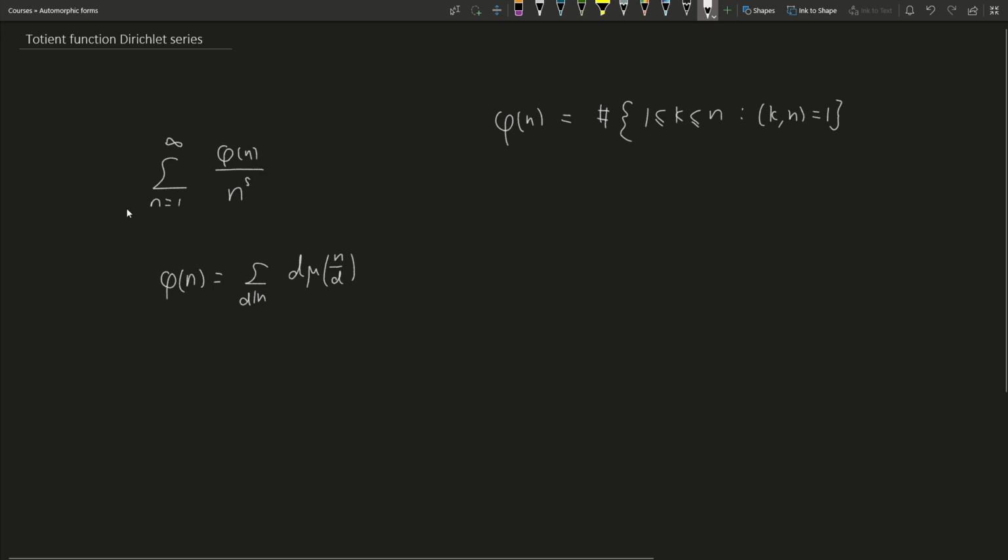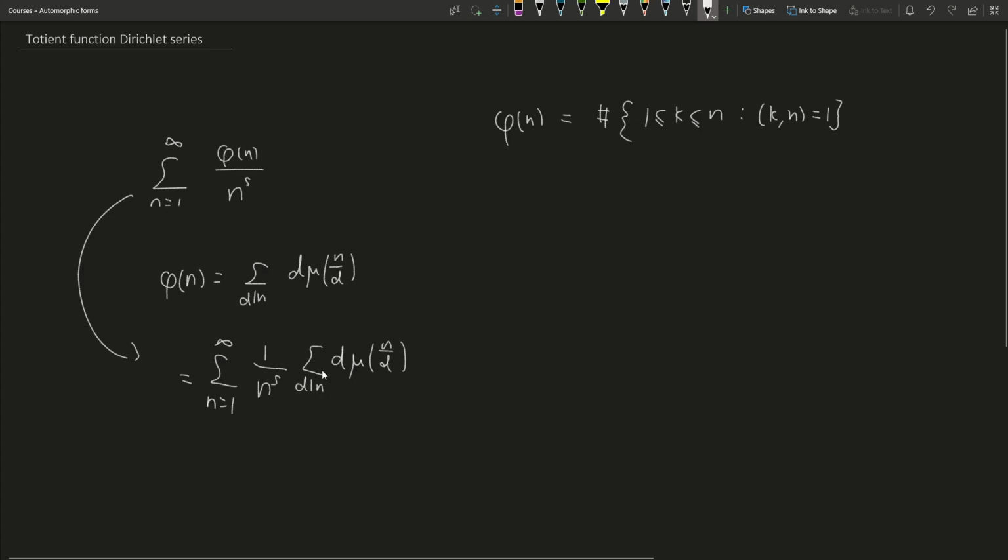That means that this Dirichlet series we can write as the sum from n equals 1 to infinity of 1 over n to the s times the sum, just substituting in this expression, over d dividing n of d times mu of n over d.